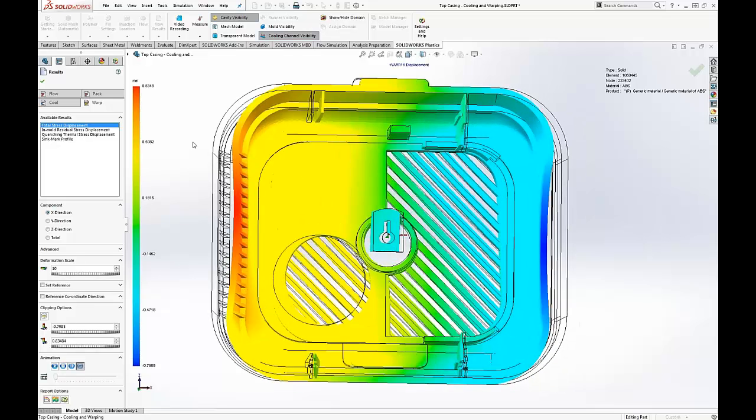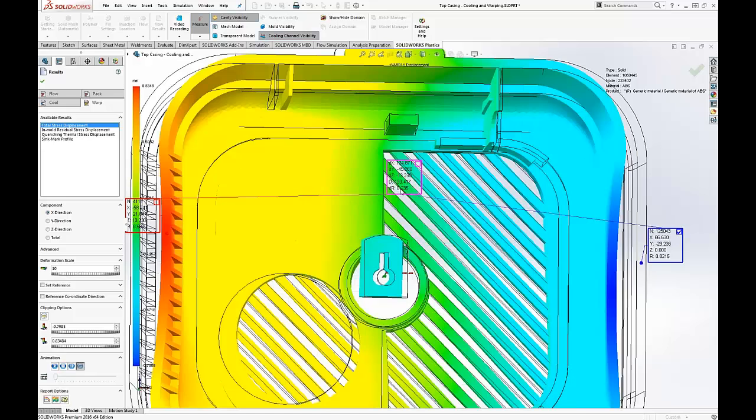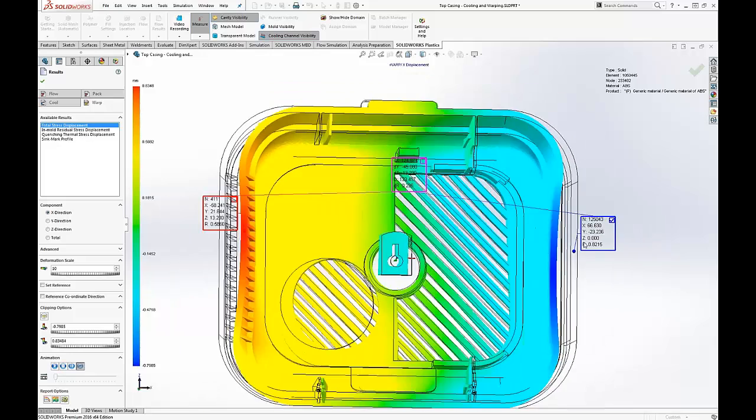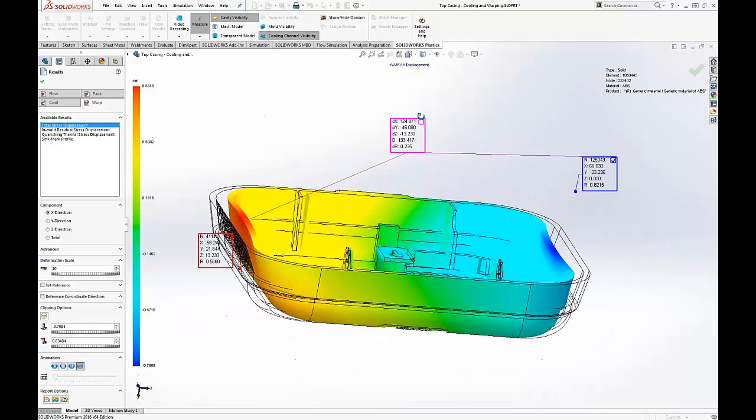So I can evaluate that it is shrinking here or here by 0.8. Or of course I can also measure. So I can point here and here. I can see that the final deformation is 0.2, from 0.1 and 0.2. Okay. So I can evaluate all these kinds of deformation as well.